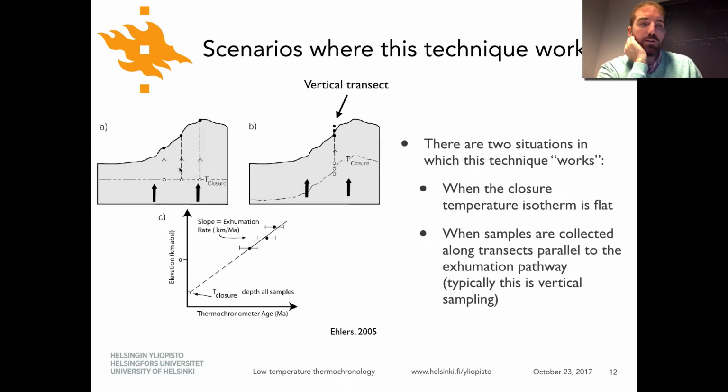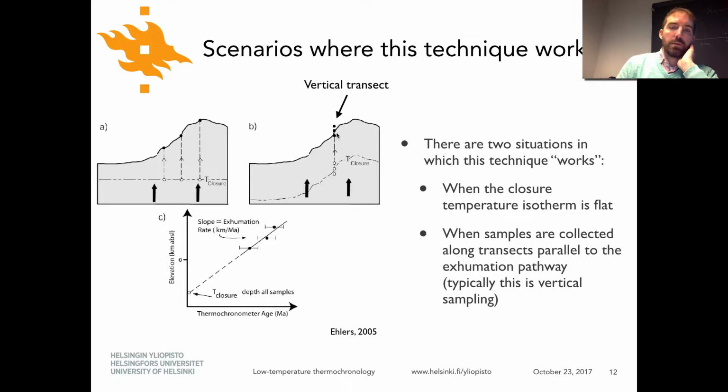But if you take, for instance, this scenario here, these three ages, you calculate their age versus the sample elevation, and you put the slope of this line through here, that gives you the exhumation rate. And you can even also calculate the depth to the closure temperature this way if you want to.